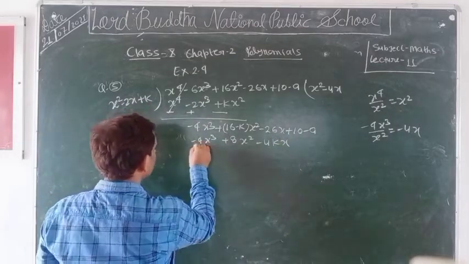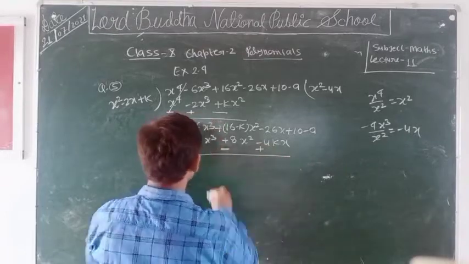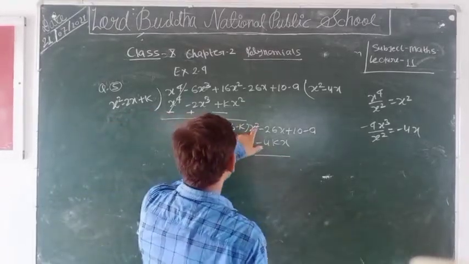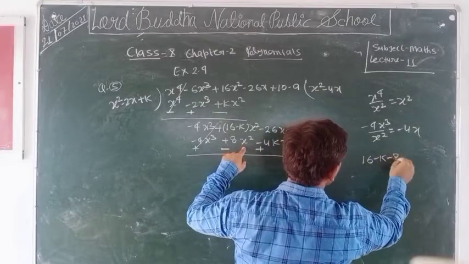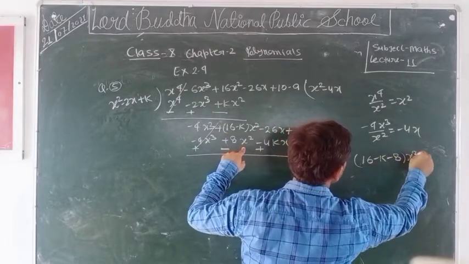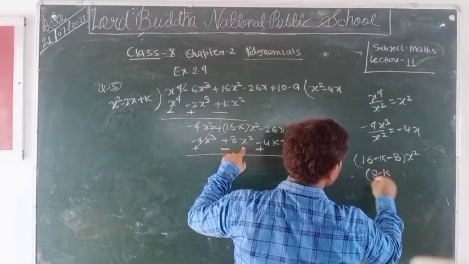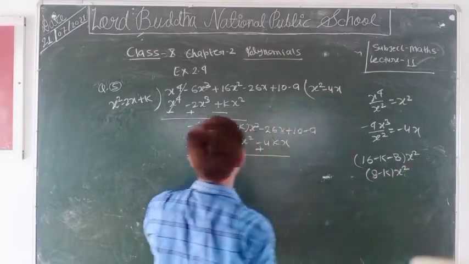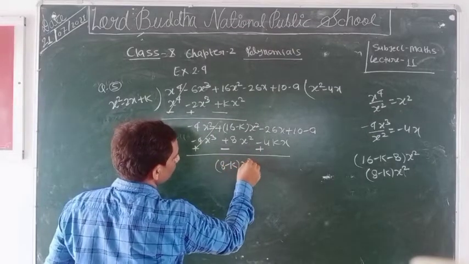Now this is plus, minus, plus, so this cancels out. Here x square is common. This is 16 minus k minus 8 into x square, means 16 minus 8 is 8, so 8 minus k x square. Here we write 8 minus k x square.